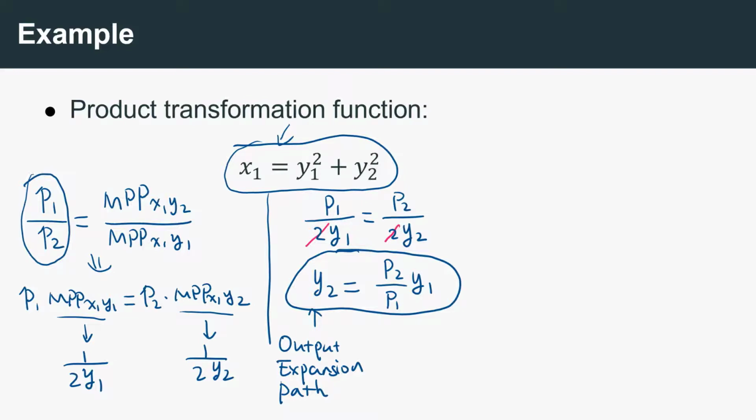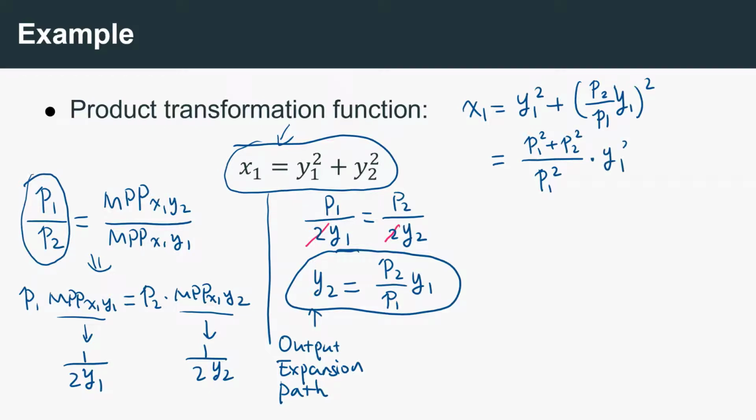So once we were able to write y2 as a function of y1, we can plug this back into the product transformation function. So we can write x1 equal to y1 square plus y2 square, which is P2 over P1 times y1 square, and this is equal to P1 square plus P2 square, and then times y1 square.